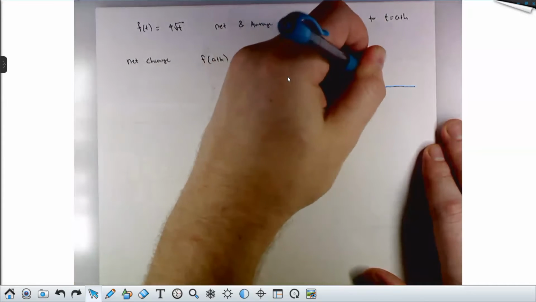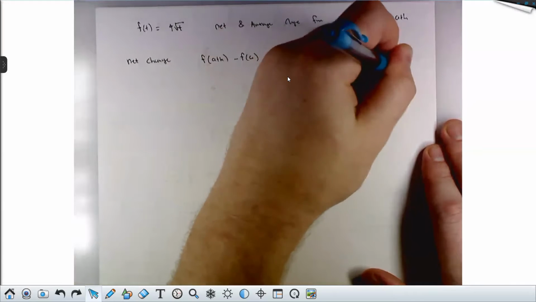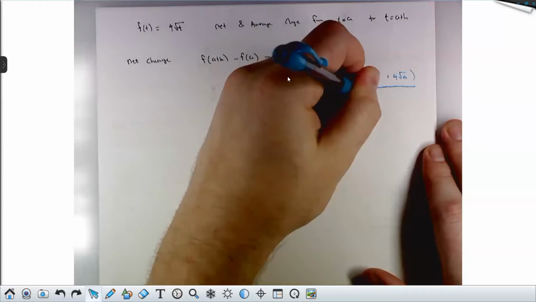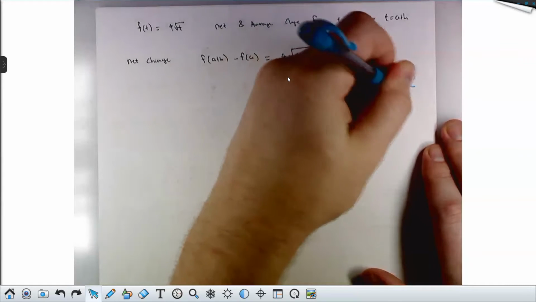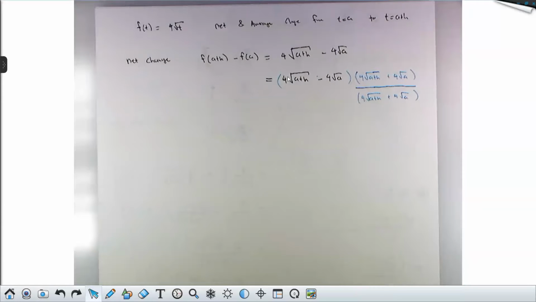So this will be 4 square roots of a plus h plus 4 square roots of a. And if I'm going to multiply by that upstairs, I got to multiply by that downstairs. So this is a sneaky algebra trick called multiplying by the conjugate. And it's nice because something really fantastic in the numerator happens when you FOIL all this out. Again, you don't necessarily have to do it for the net change part, but you would need to do it for the average rate of change part. So let's just get it done now.